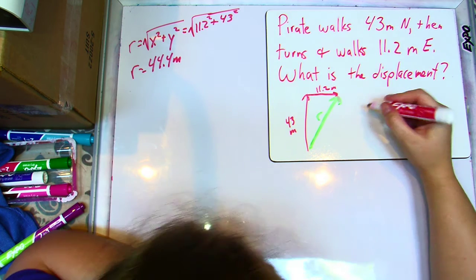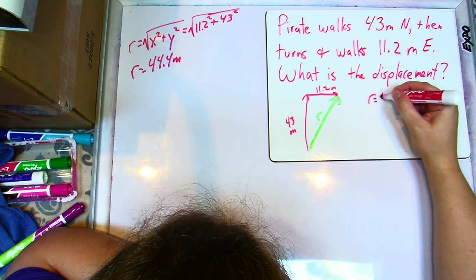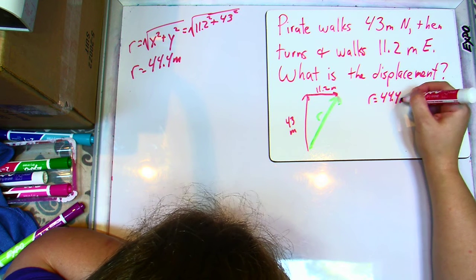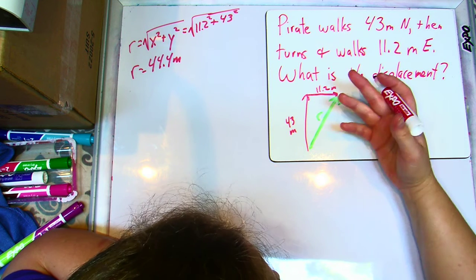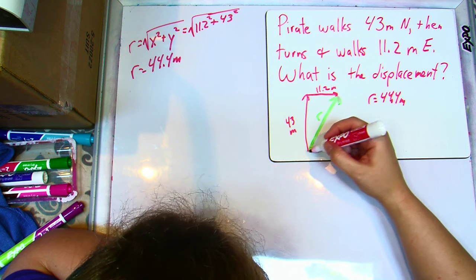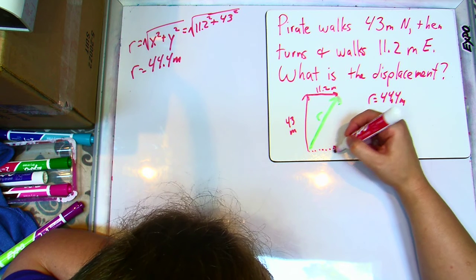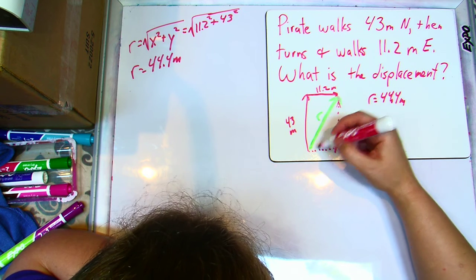So that's the displacement. Again, displacement is a vector, it needs a direction. So that means we've got to find the theta.